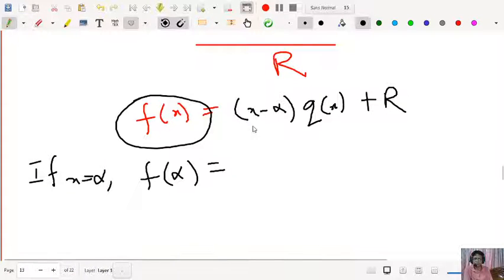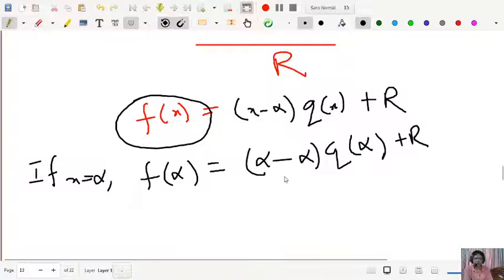On the right hand side, what will you get? You will get alpha minus alpha times q(alpha) plus r. So this will be 0, and you will get simply r.